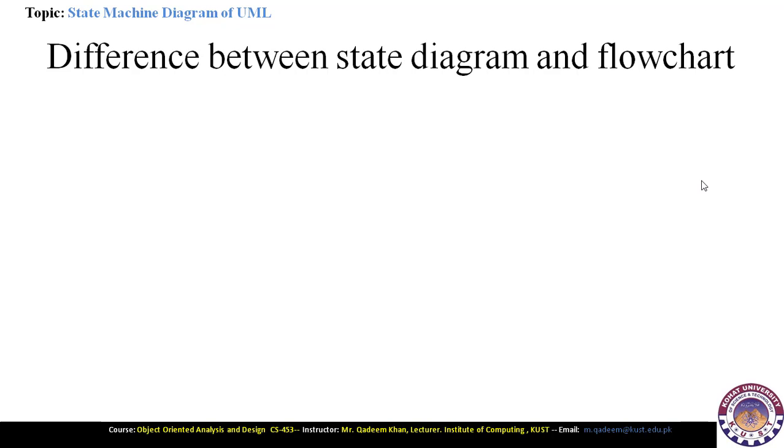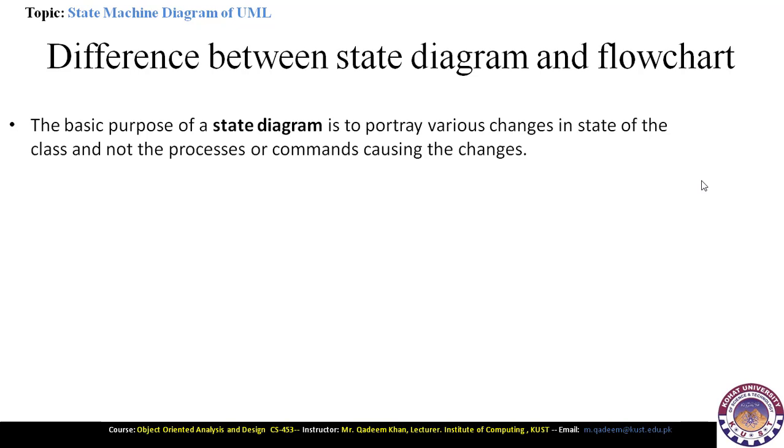Now, what is the difference between the state diagram and the flow chart? The basic purpose of the state diagram is to portray various changes in the state of a class and not to represent the processes or commands which cause these changes. So in the state diagram, we only provide certain states.